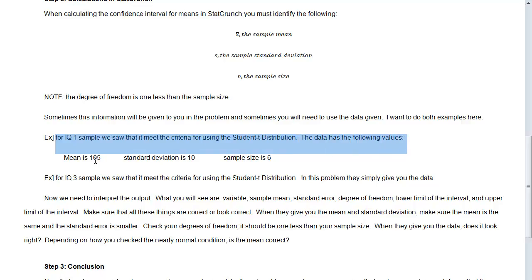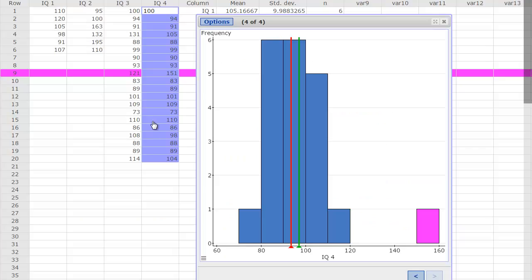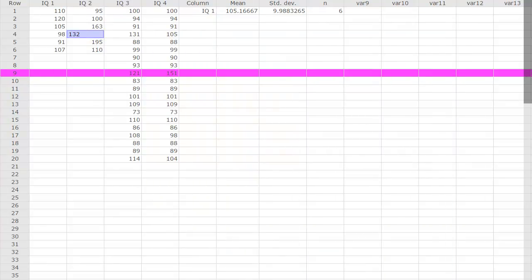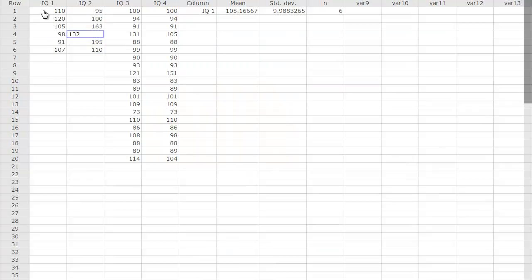Let's say they just said, hey, we've got a sample of size 6, and the mean is 105, and the standard deviation is 10. How would that work in StatCrunch? So I go to StatCrunch, and I'm looking at the IQ1, and I calculated the mean and the standard deviation for that and the sample size.